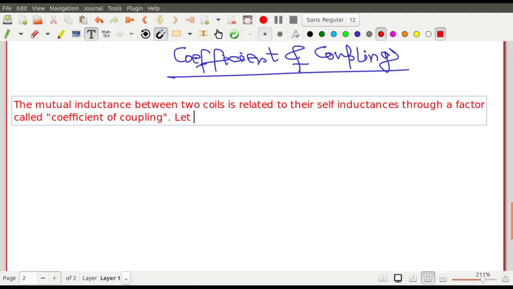Let us consider two coils C1 and C2, actually C1 C2 are in suffix, C2 গুলো নিচে আছে, আমি এভাবেই লিখছি, I write it in this way.